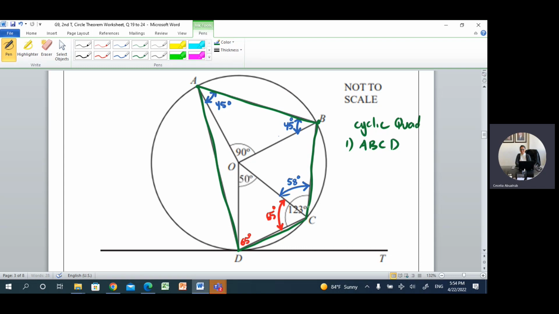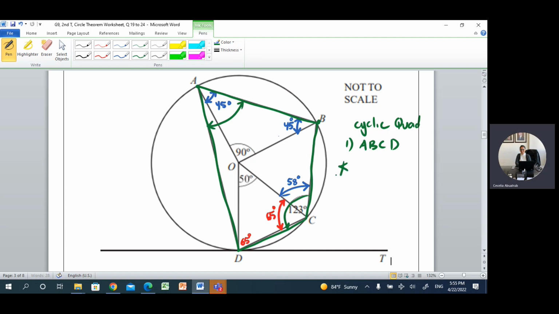So every 2 opposite angles in a cyclic quadrilateral add up to 180. So if this is 123, then this angle is 180 minus 123.